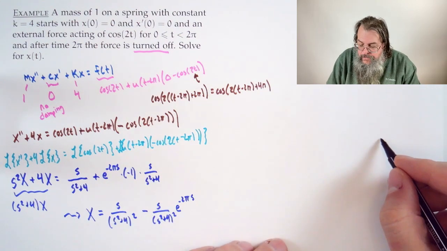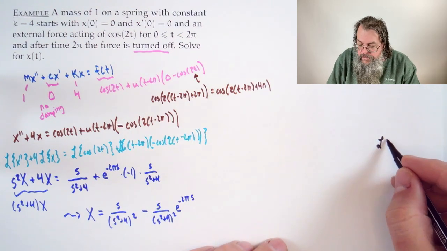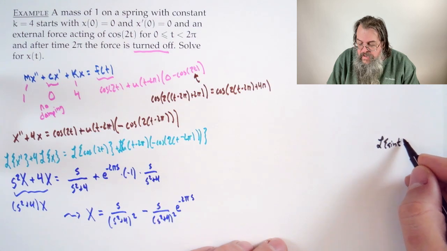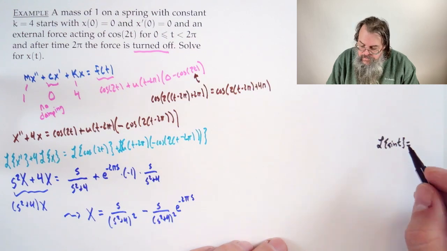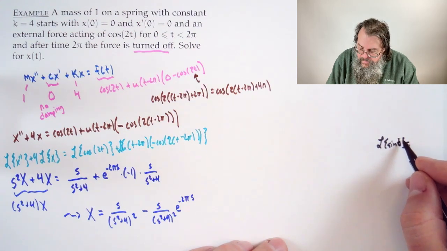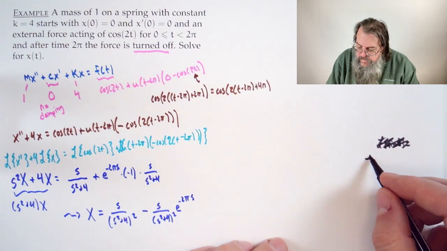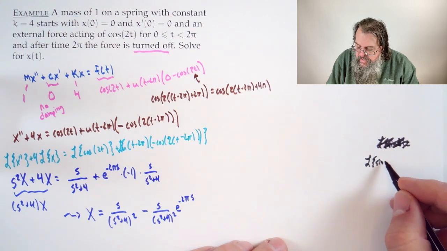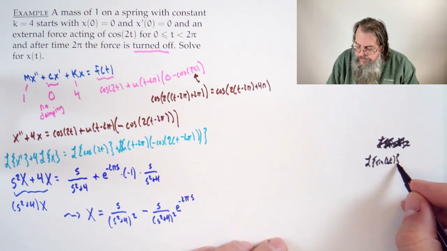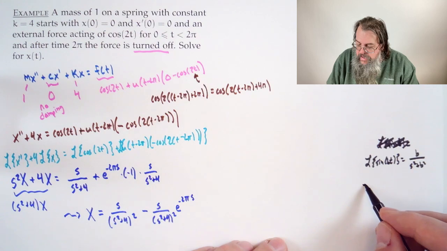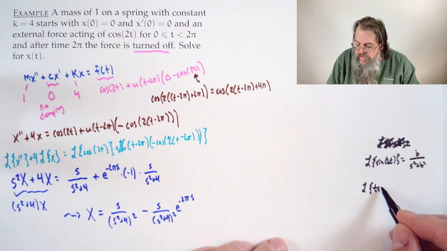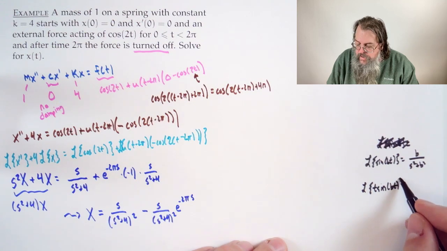Namely, if you remember, the Laplace transform of sine of b times t is equal to b over s squared plus b squared, and the Laplace transform of t sine of bt is what?